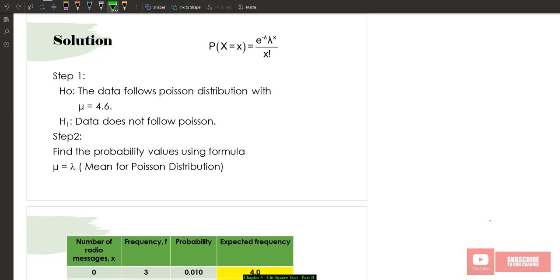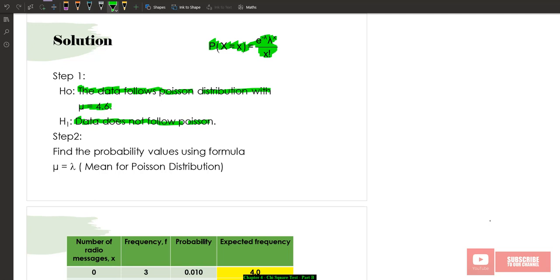Our null hypothesis is that the data follows a Poisson distribution with mean equal to 4.6, and the alternative hypothesis is that the data does not follow a Poisson distribution. This is the Poisson distribution formula: exponential negative lambda, lambda power of x, divided by x factorial.